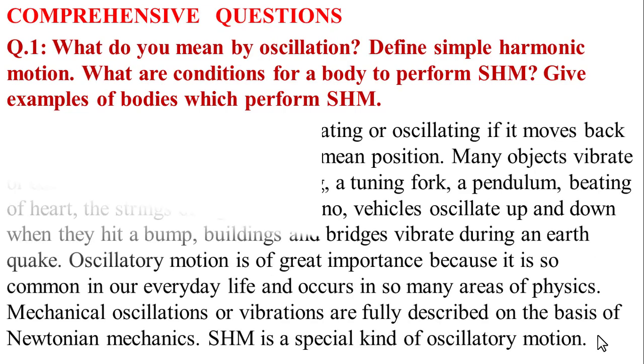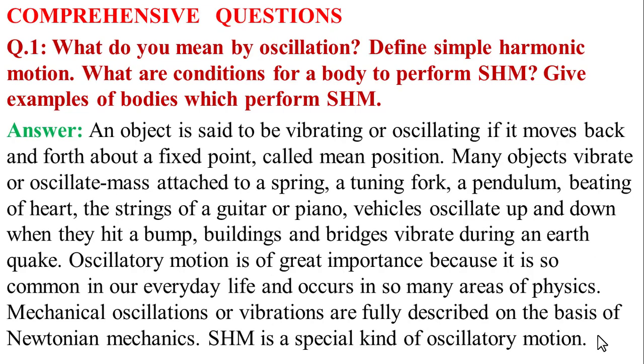First of all, what is meant by oscillation? An object is said to be vibrating or oscillating if it moves back and forth about its fixed position, called the mean position.